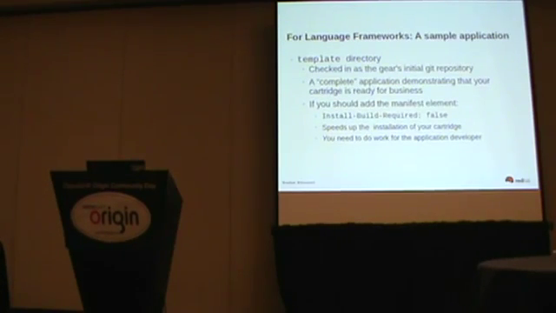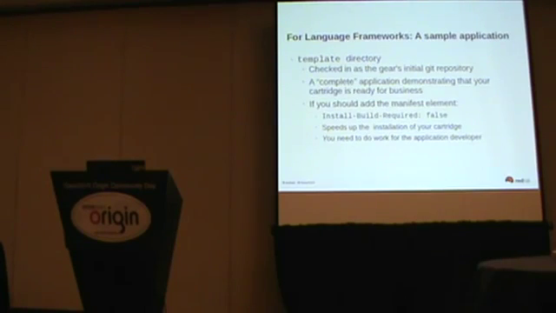You wrote this great new cartridge. It's on some great new framework. Everybody loves it. How do they know they love it? Is that you gave them a sample application. The idea here is that we have a template directory, which is going to be the initial Git repository when the user creates their Git. So they go, app create, blah, blah, blah, in the RC.